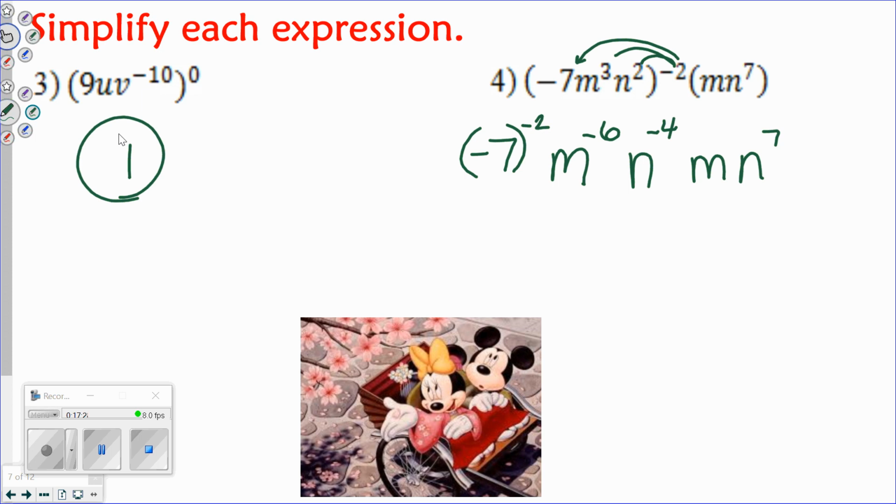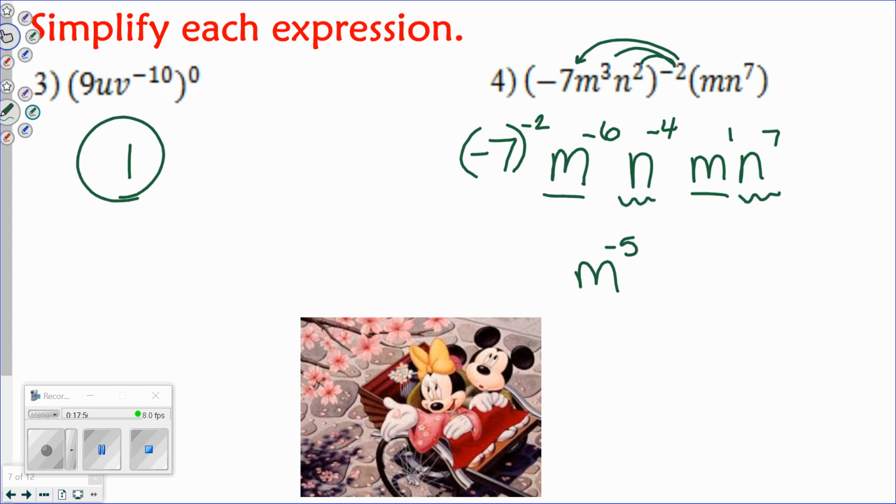Okay. So from here, again, you have some options. Some students like the like terms next, and that's probably where I would go. Notice that you have m's that are the same. What do we do with their exponents? You add them. The only time you multiply exponents is when you distribute. So we're not distributing, we're just collecting stuff together. So we're going to have an m to what power? -5, because there's a 1 there. -6 and 1 is -5.